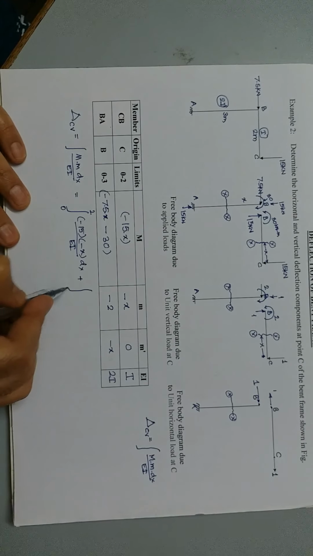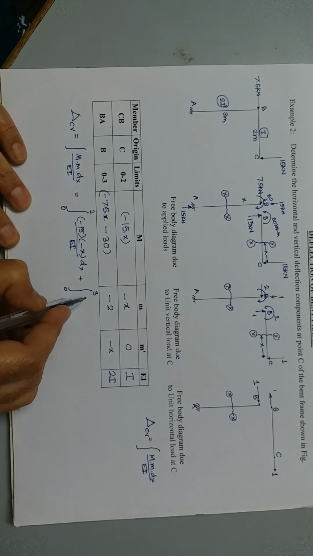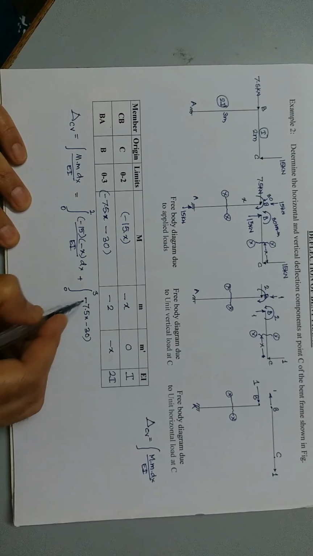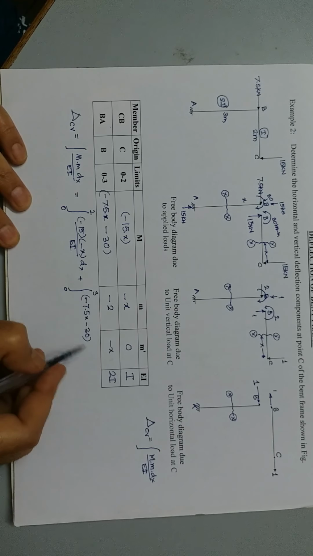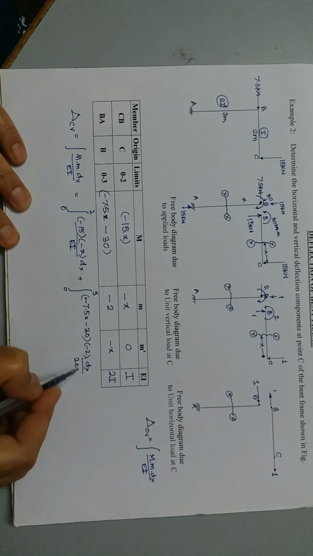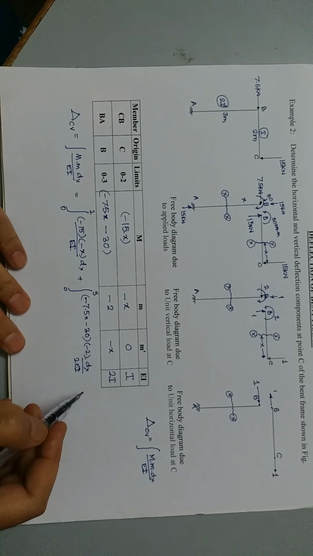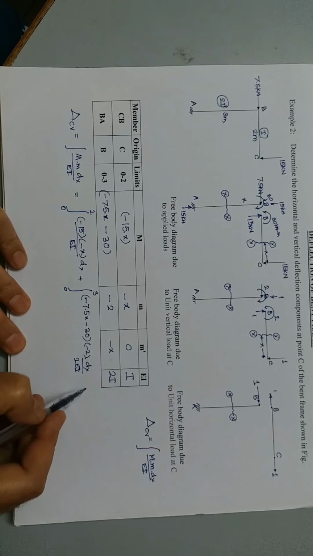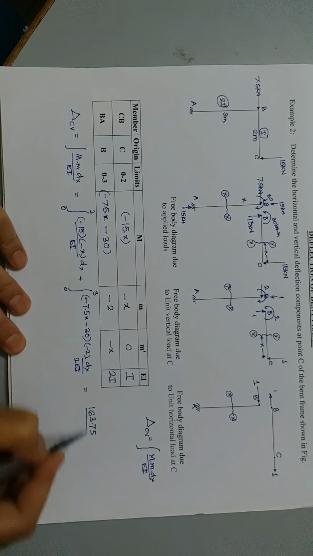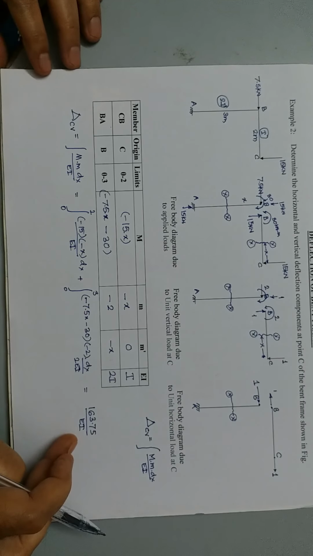Here you have to integrate between 0 to 3 of minus 7.5x minus 30, into small m, that is minus 2, into dx divided by 2EI. You have to divide it by 2. So on integration, we get 163.75 divided by EI. So this is the vertical deflection at C.